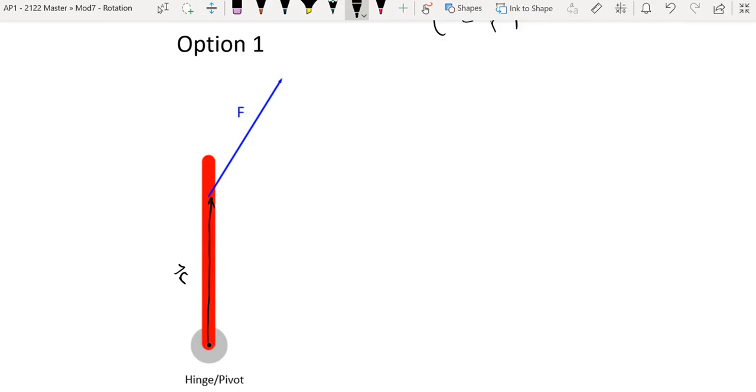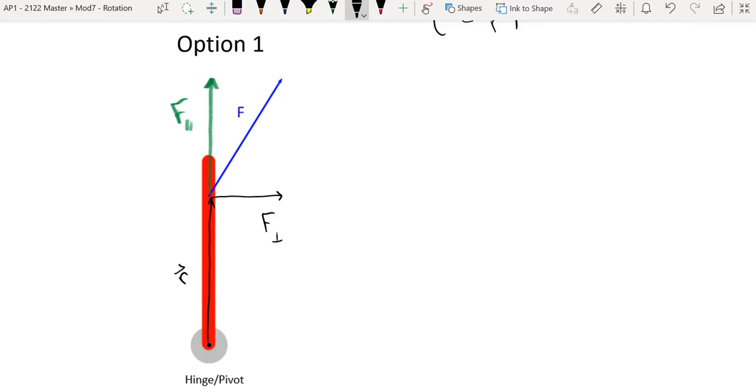The situation here is that the entire force F does not create torque. There are two components of F. There is this component that I'll call F parallel, meaning parallel to R. And then there's this component of F perpendicular to R. That's the component of the force that creates torque, and only that component.